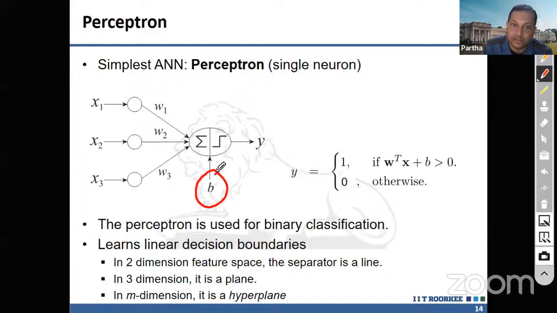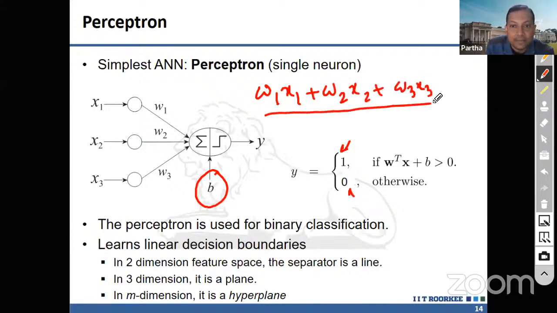That's why we have this bias term. If the total value is positive, then we say it is category 1, otherwise it is 0. So here what we have done is w1 x1 plus w2 x2 plus w3 x3.